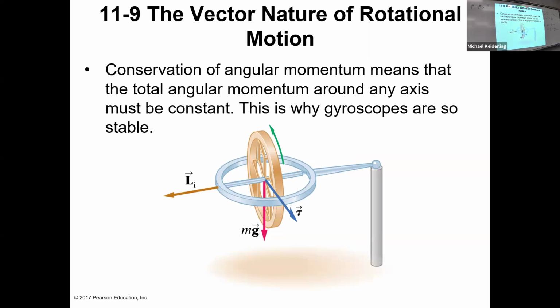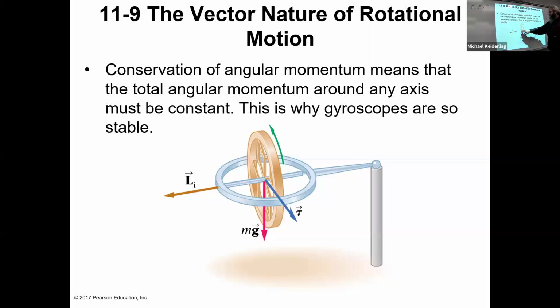And because of conservation of angular momentum, the total angular momentum around any axis has to be constant. And because of this fact that these things are out at angles, you get this funky situation where if you've ever seen a top wobble or a gyroscope precess, you have some angular momentum and it's being changed by the torque, and that effectively causes it to rotate around another axis.